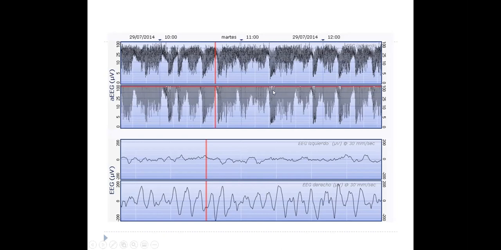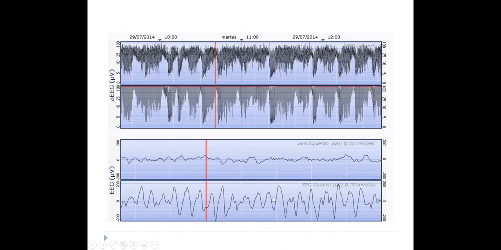This is the explanation, because on the right side you don't see the seizure activity clearly, but in the raw EEG you can see that the main seizure activity is on the right side.